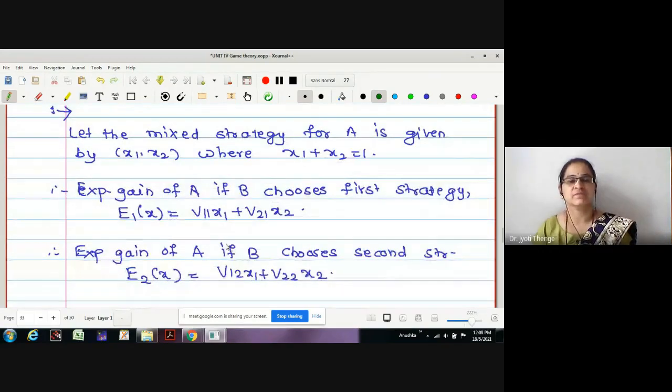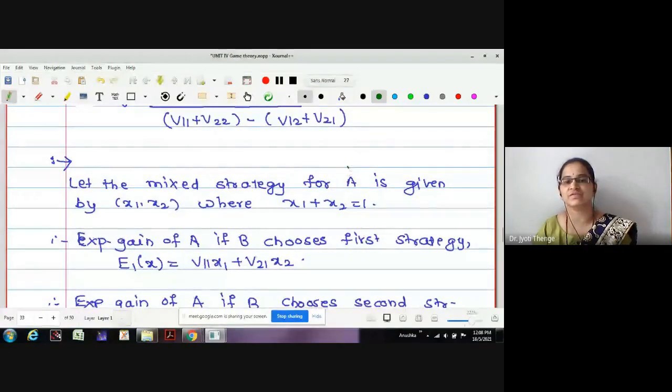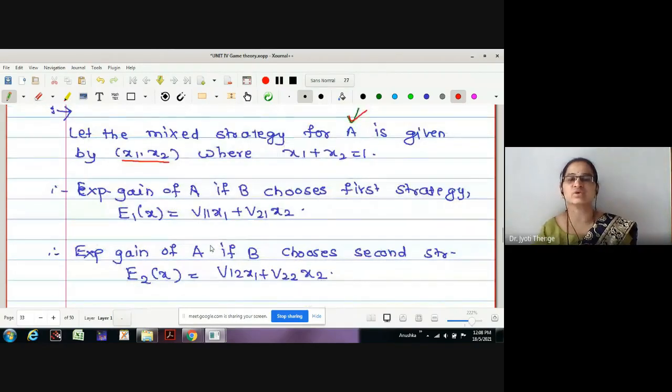One can write the values of the probabilities and the value of the game as well. For this, we started with finding the expected gain of player A. We were writing first with respect to player A. If x1, x2 are the probabilities of player A playing both the activities, we know that the sum of the probabilities is equal to 1, and both the probabilities are non-negative.